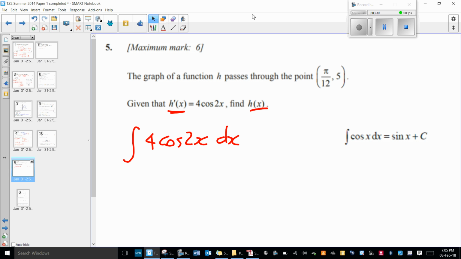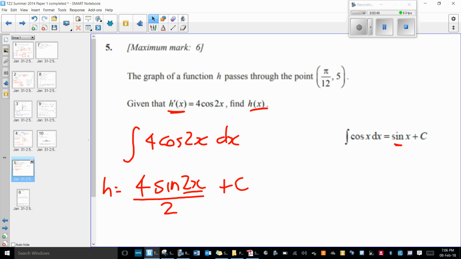So the 4 is going to stay there, the cos becomes sine, so it'll be sine 2x, and then we divide by the derivative of what we have here, so we're going to divide by 2, and we have plus c, so this is h.